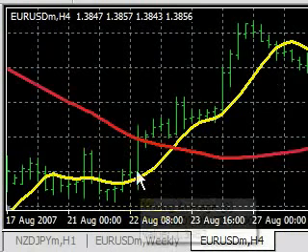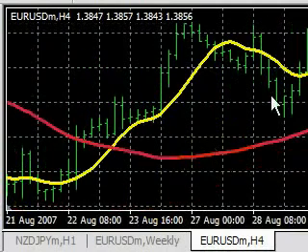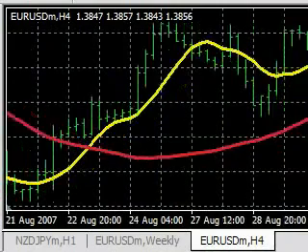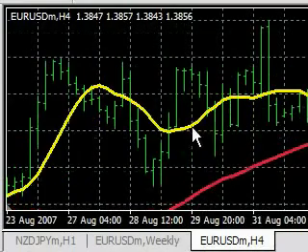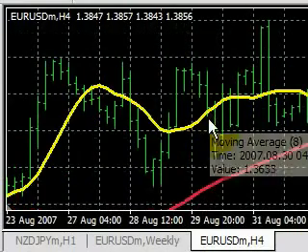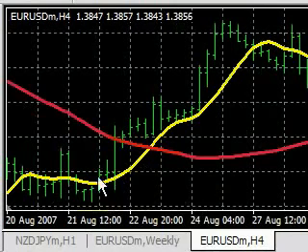If this change happens like here, above the 55 period, you can see it, then this is a secondary signal. As you can see, this isn't as good. It will only give us about a break-even trade, where this one would have given us a lot of pips.